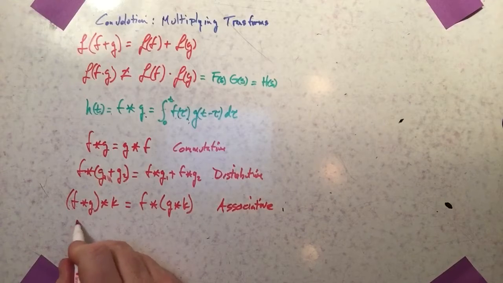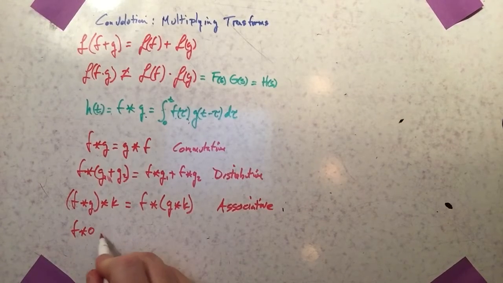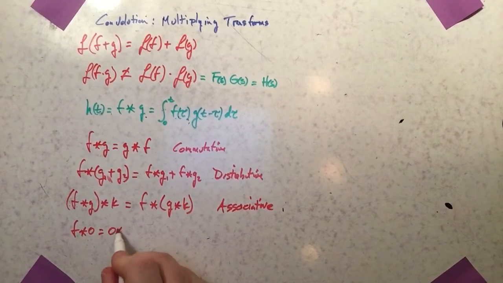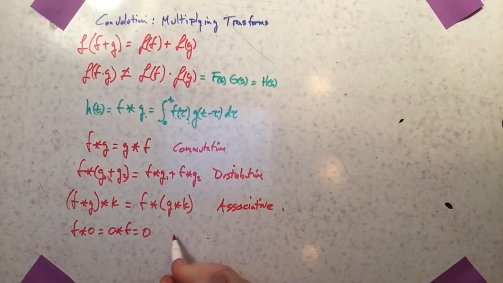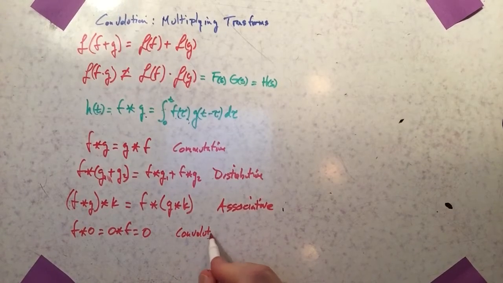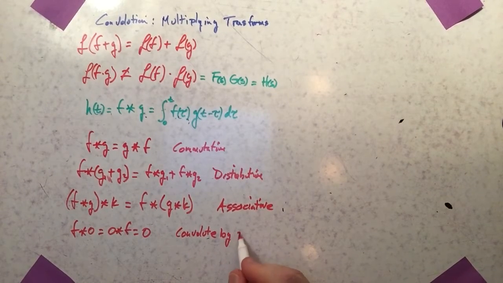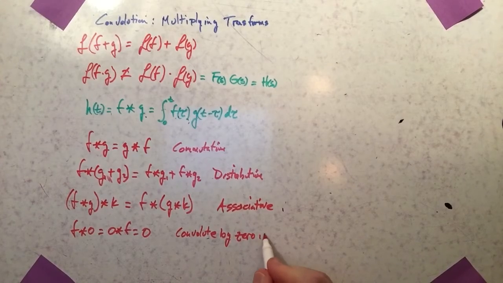The final one is f convolute 0 is equal to 0 convolute f, which is also 0. So convolute by 0 is 0. So far, the convolute operation looks an awful lot like multiplication.